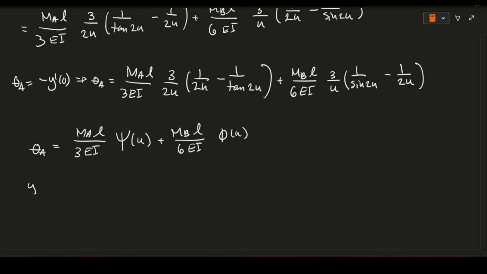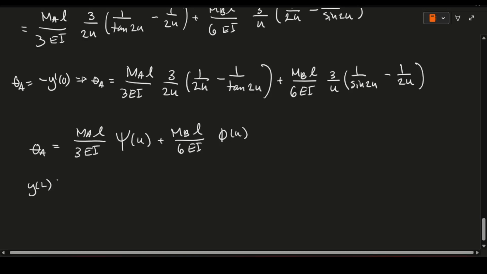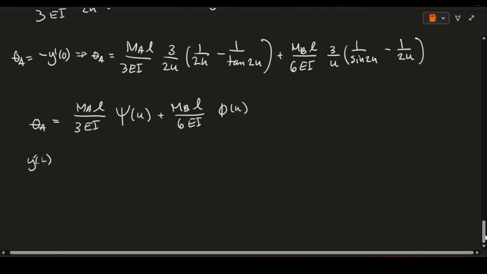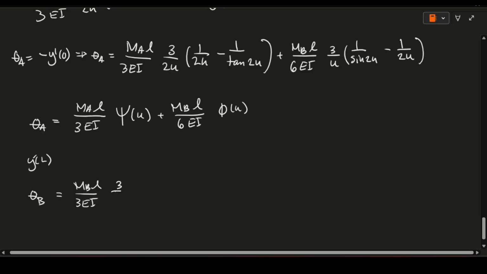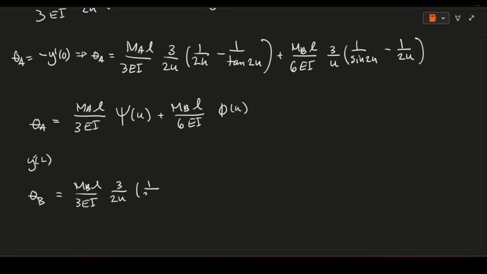We can do the same for y prime at L, and we get that theta B is equal to MBL over 3EI times 3 over 2U times 1 over 2U minus 1 over tangent 2U, plus MAL over 6EI times 3 over U times 1 over sine 2U minus 1 over 2U.